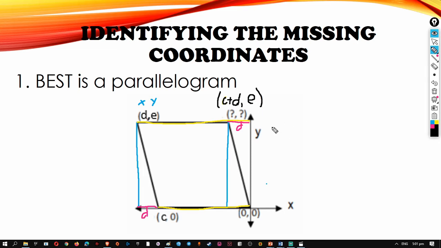So, yan ang sagot. The coordinates is C plus D, comma, E. Okay. Or D plus C, comma, E. Okay? That's it. So, buray na natin.